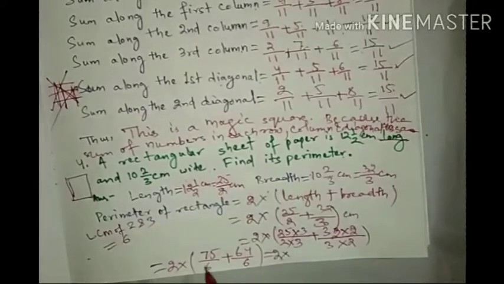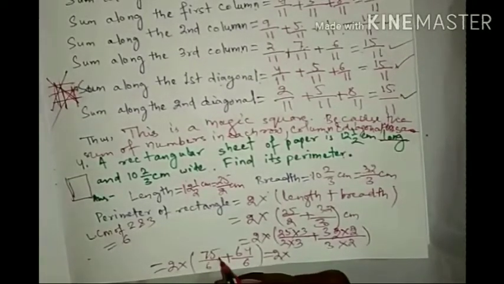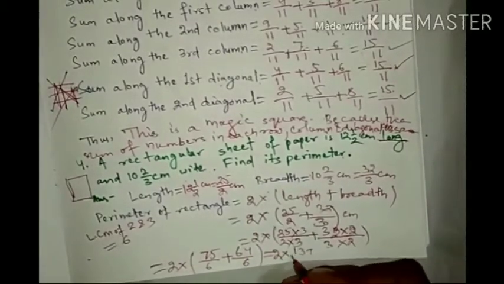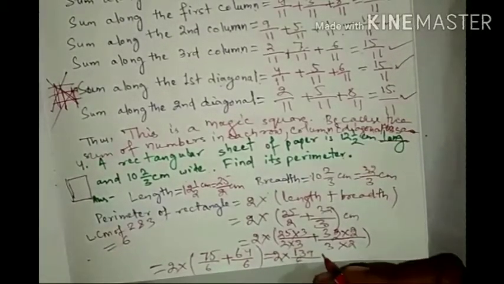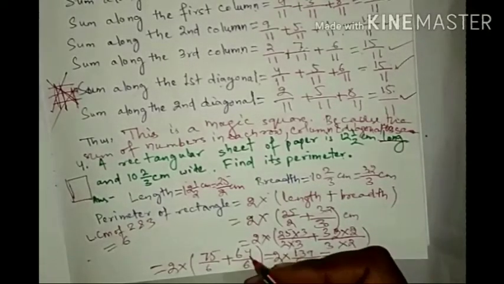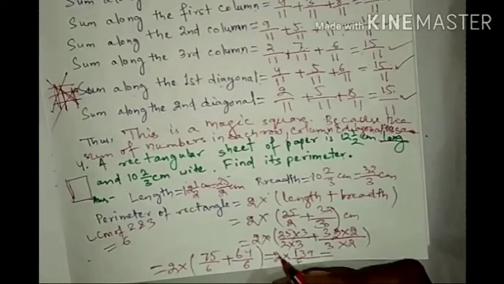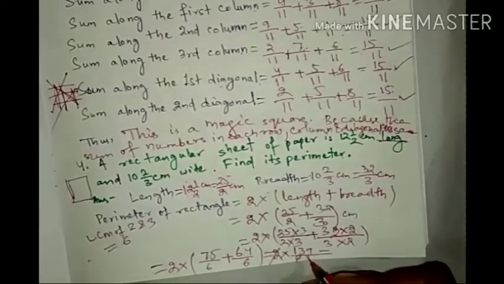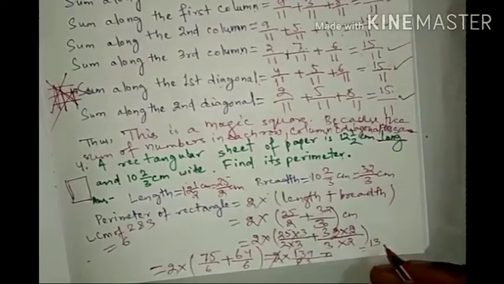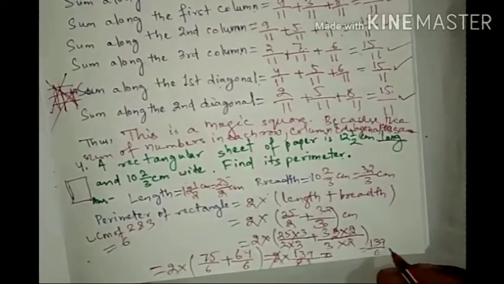So what we are getting is 2 into 75 plus 64 equal to 139, 139 by 6. Now we can multiply: 2 ones are 2, 2 threes are 6. So the answer is 139 by 6 cm.